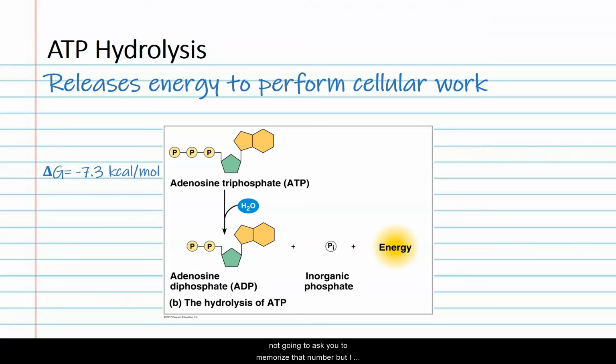I'm not going to ask you to memorize that number, but I want you to recognize that that is a relatively large amount of energy. Okay, so it's negative 7.3. So remember, if it's a negative delta G, that process is energetically favorable. The hydrolysis of ATP is exergonic. Energy is being released.